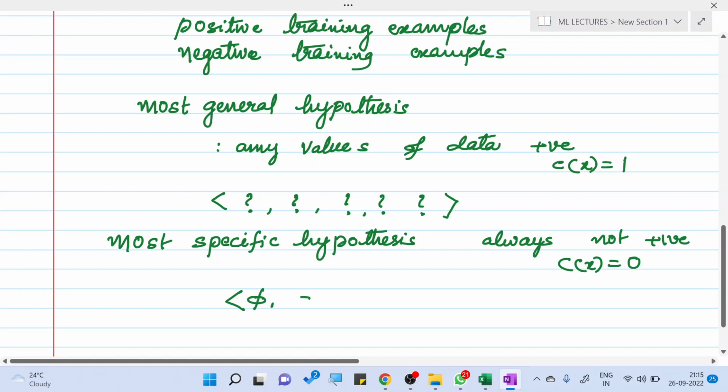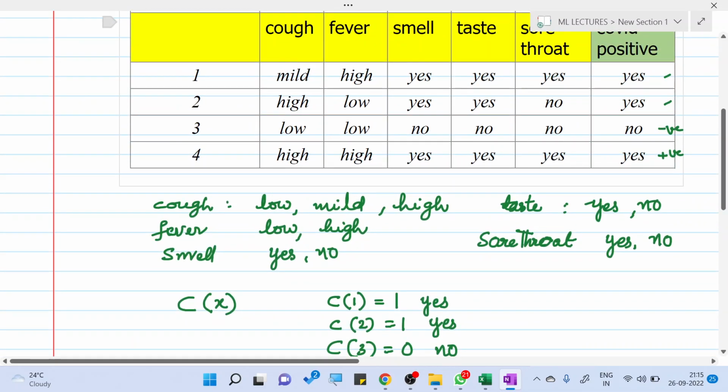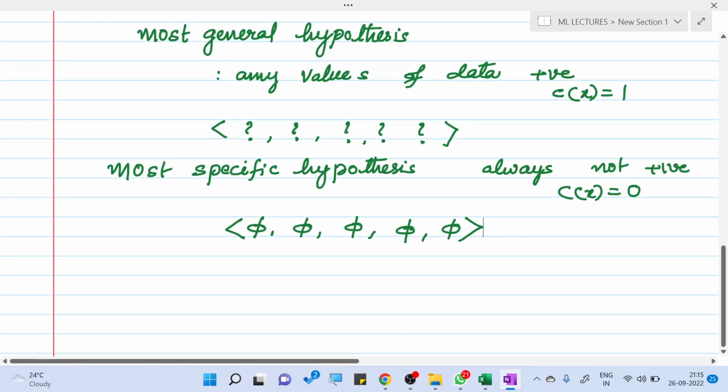That means we don't accept any value: null, null, null. Is it clear? The most general hypothesis can accept any value and your target value will be positive. If you take the value of cough, it may be mild, high, low, or anything. Any value is accepted, whereas in the most specific, no value is accepted.